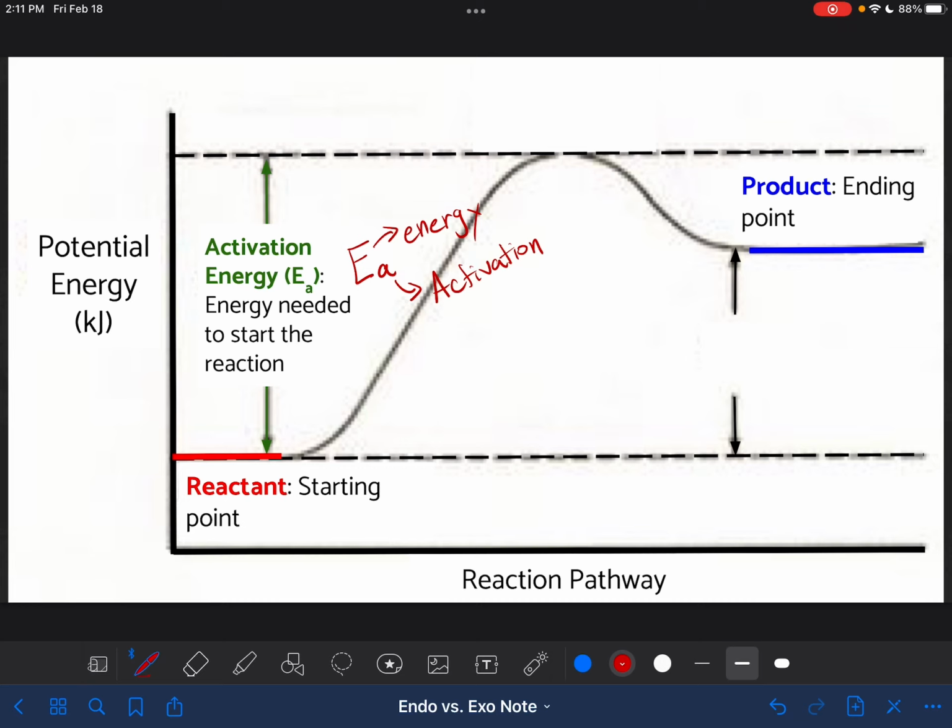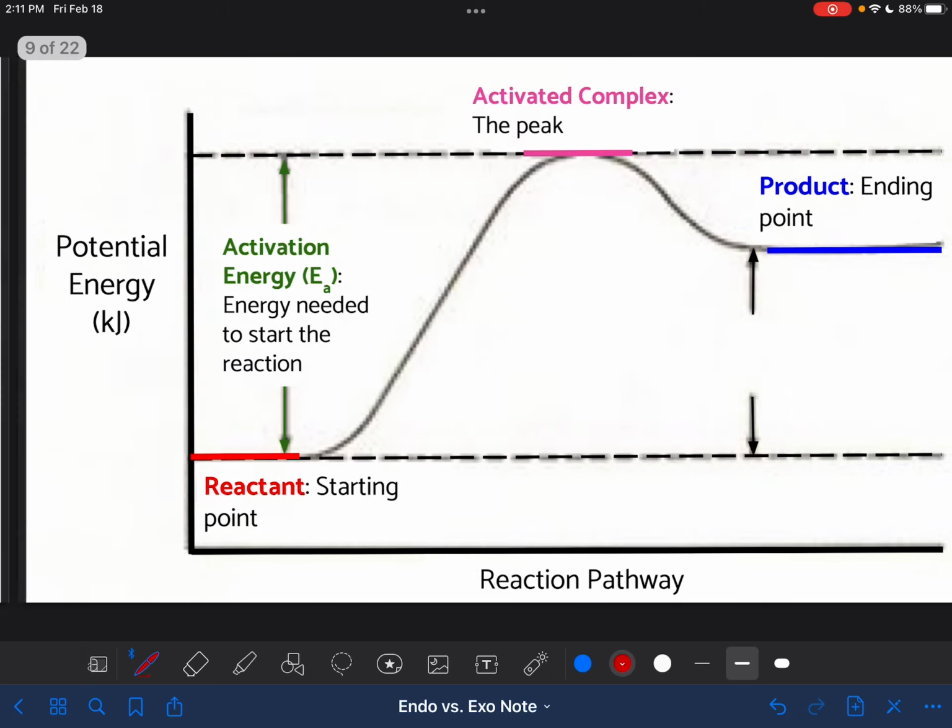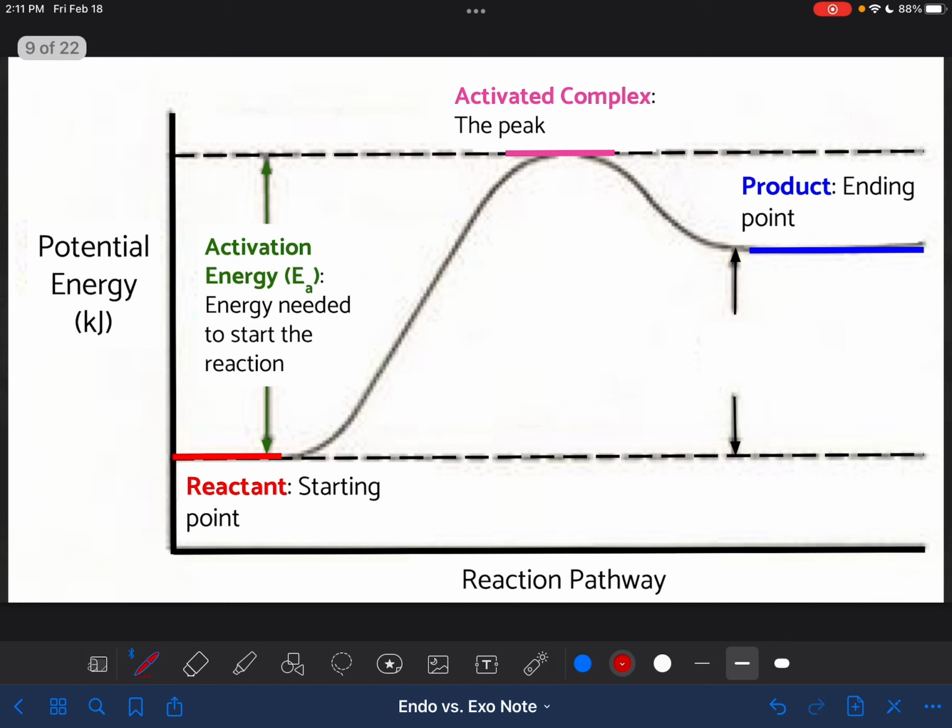Next, we have the activated complex, which we also call the peak. It is the maximum amount of energy that we need to start up the reaction.